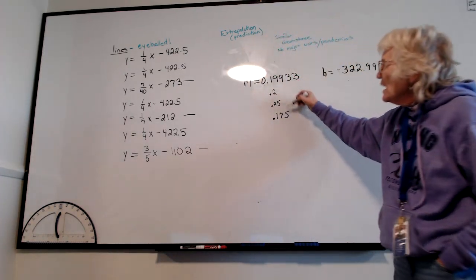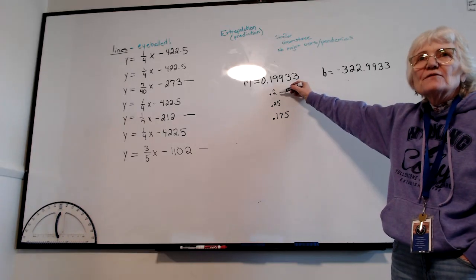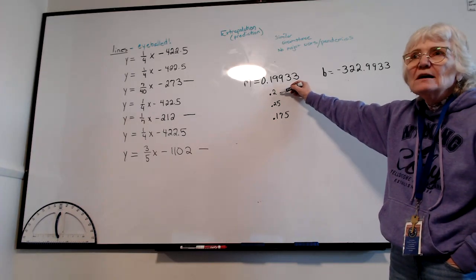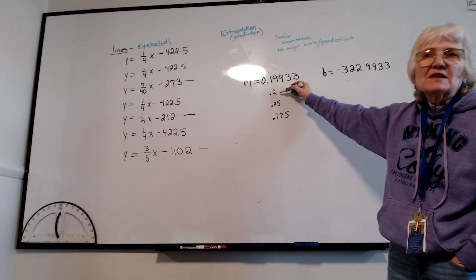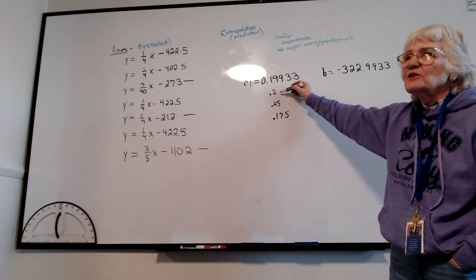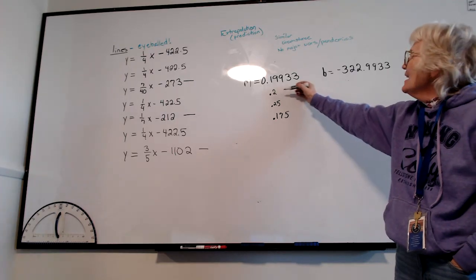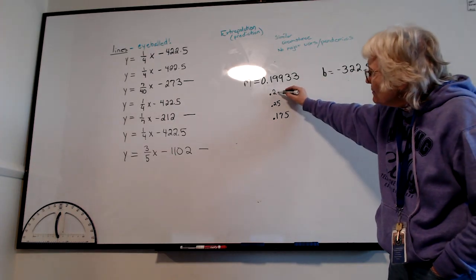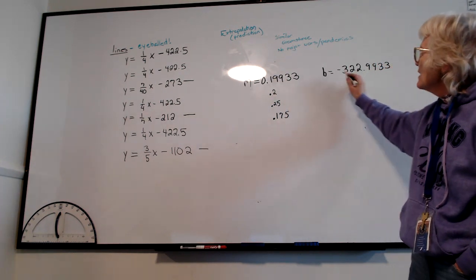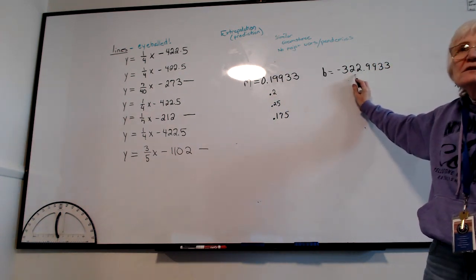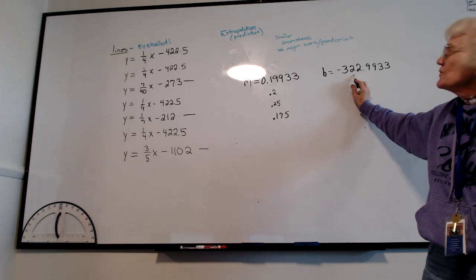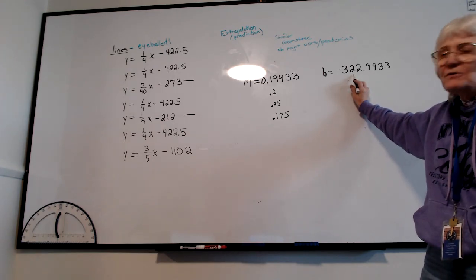Okay, so again, it's not too far off from the 0.2 that they figured from the actual mathematical linear regression. A complicated path where you have to do a lot of work to get that, okay? Because that was a little bit smaller, they got a little bit smaller y-intercept of negative 322.933.